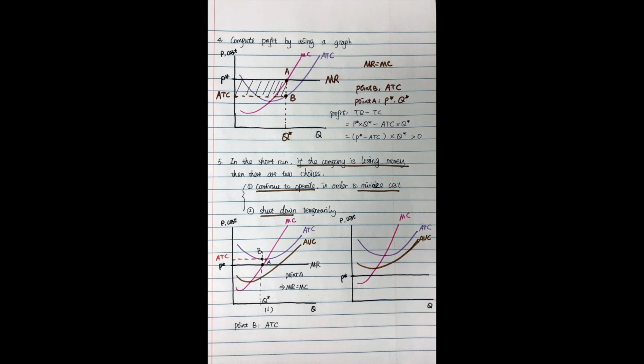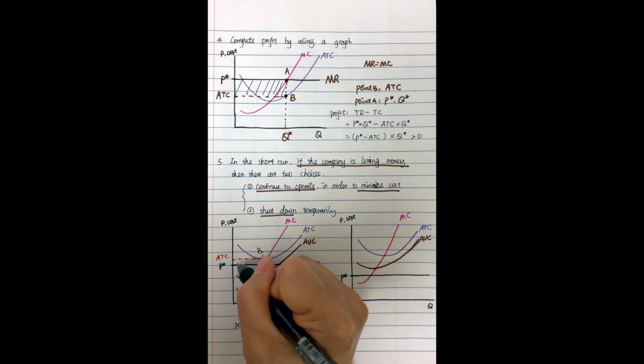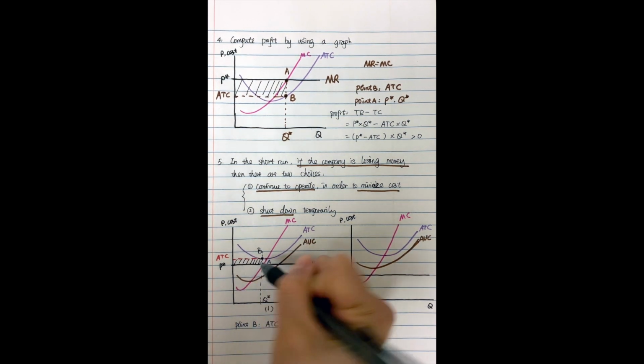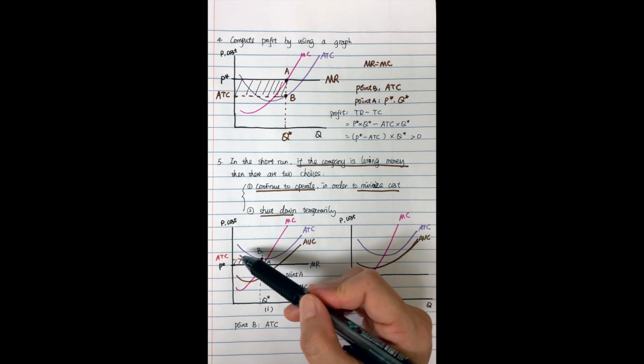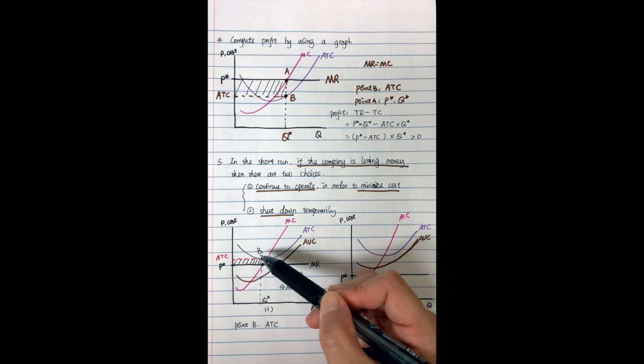The firm needs to compare the benefit of leaving the market and the benefit of staying in the market. Okay, so we notice this area represents the loss if the firm continues production, right? So this area here represents the loss.